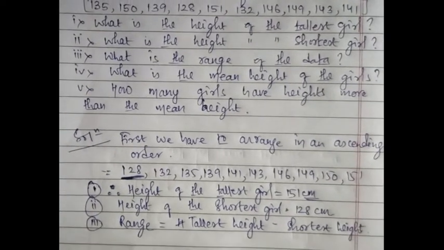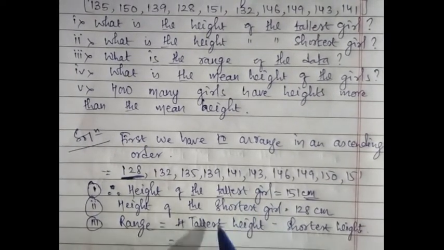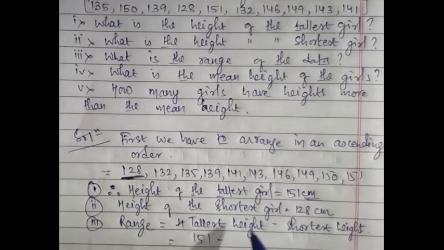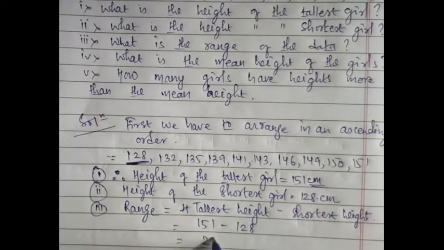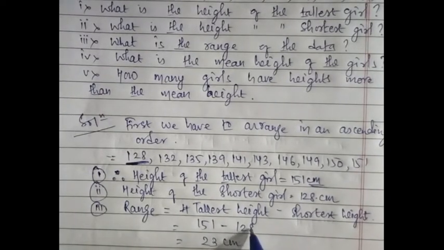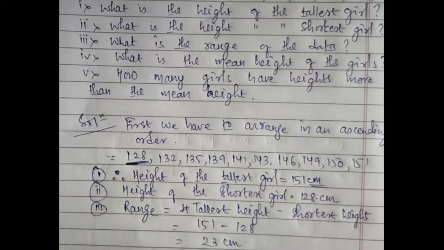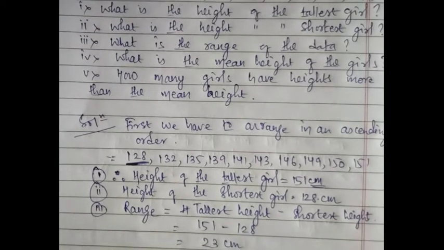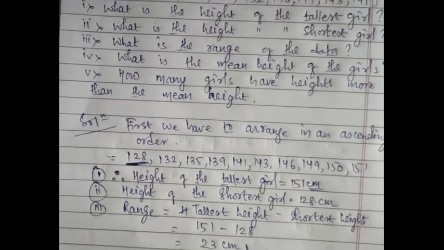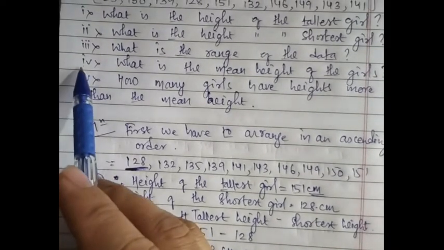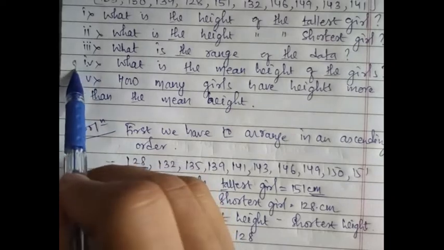So the tallest height is 151 minus the shortest, which is 128. When you subtract this, you will get 23 centimeters. 8, 3, 11, then 4 minus 2 is 2, 1 minus 1 is 0, so 23 centimeters is the range. Alright students, so with that, 2 more questions are left, that is 4 and 5.